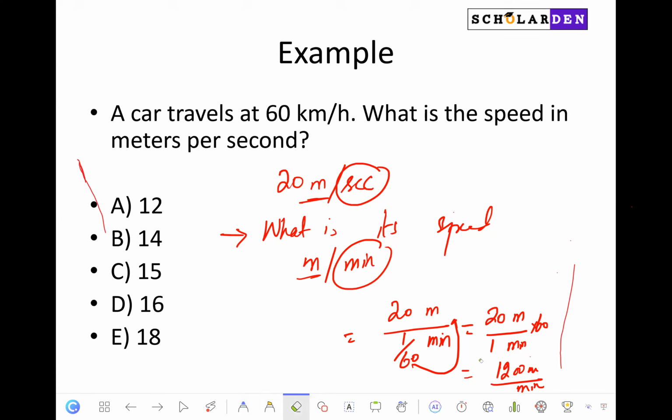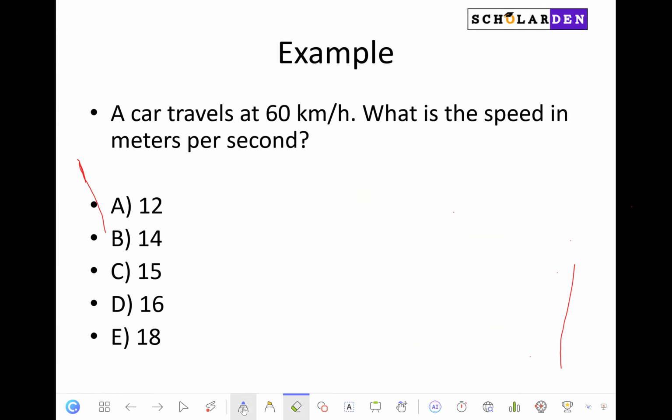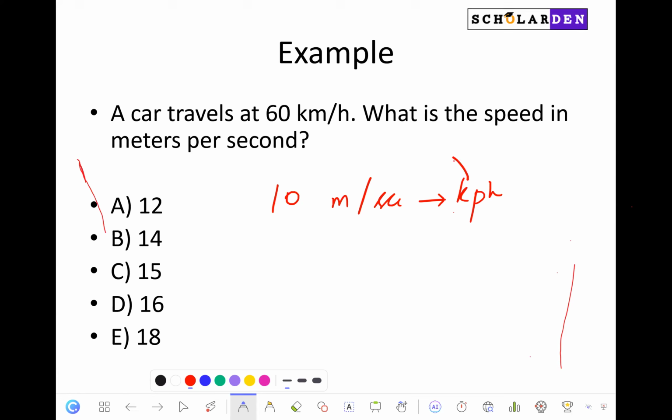Okay, if I were to ask you, say the speed is 10 meters per second, and I want that in kilometers per hour. Now what is being asked of us is to convert the units for both the distance and the time.